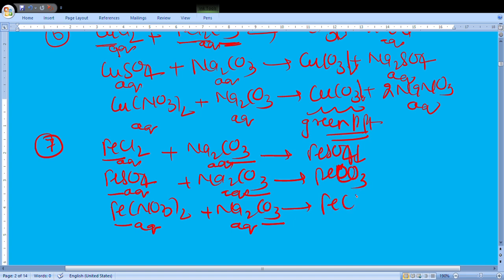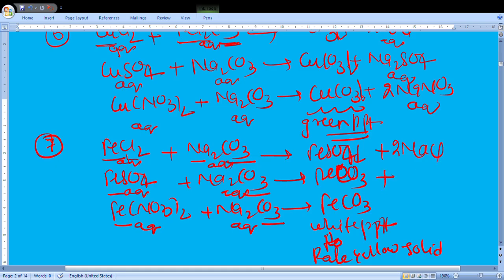FeCO3 freshly prepared is a white solid, but kept for some time it turns to a pale yellow solid. The remaining product will be 2Cl and 2Na, so you will get 2 NaCl.